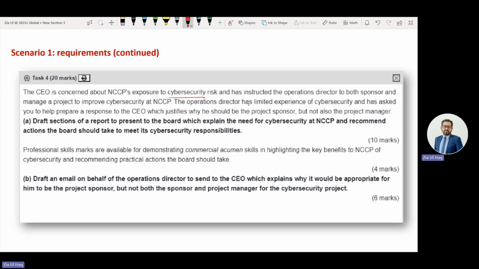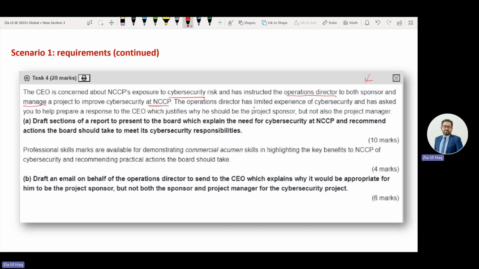The CEO has instructed the operations director to both sponsor and manage a project to improve cybersecurity at NCCP, so he should be sponsor as well as manager of a cybersecurity risk management project.